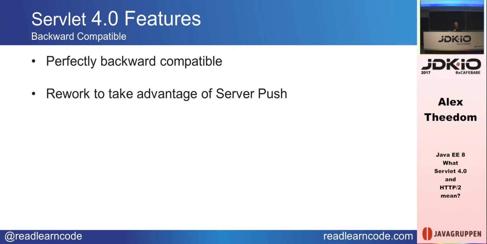So if you have domain sharding, if you have inlined resources, if you have implemented some of these workarounds, which are pretty common, you might want to consider stripping those out and refactoring your code on the front end.